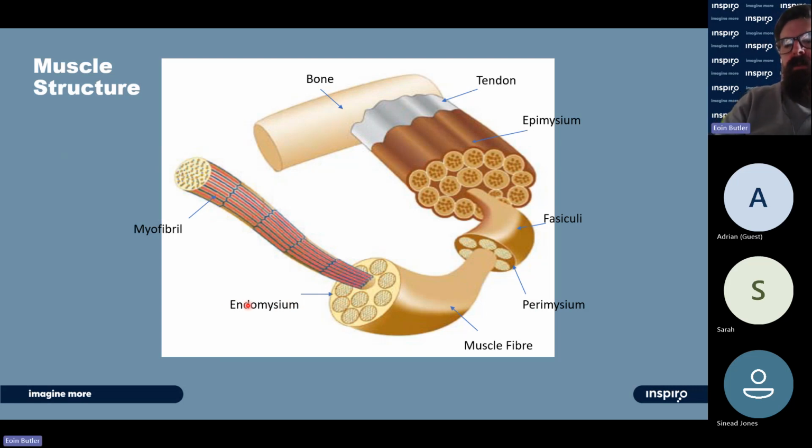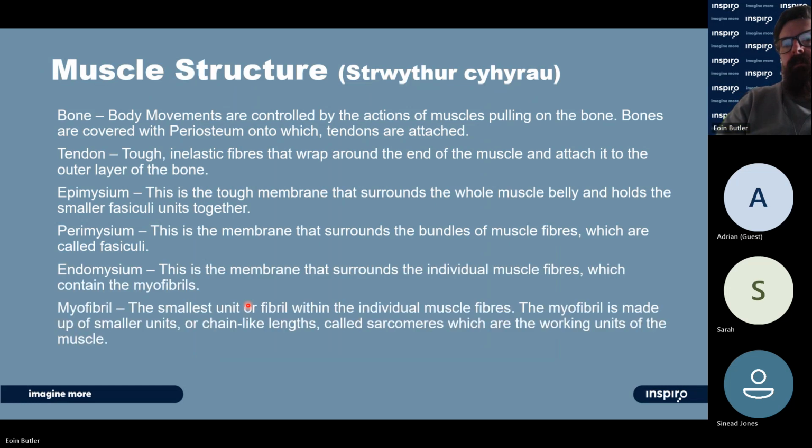Any questions, or would you like me to recap that? I mean, are we going to be expected to remember every facet of these words and descriptions? Good question. I can't predict what will come up on the paper. There may be a question asking which one of the following describes perimysium, for example, or which of the following is the membrane that surrounds the bundle of muscle fibers.